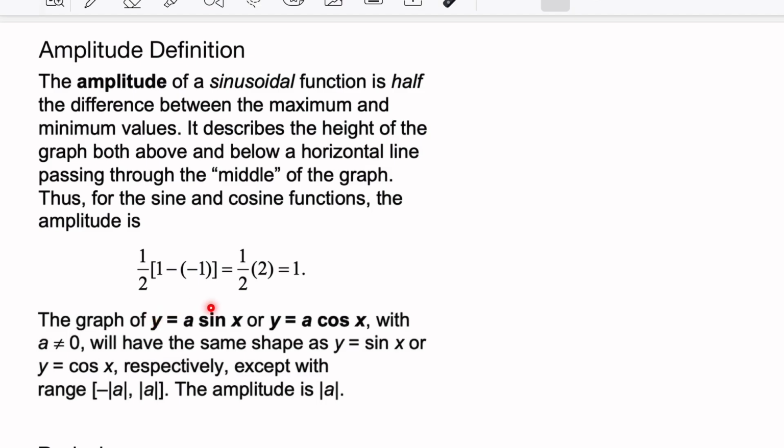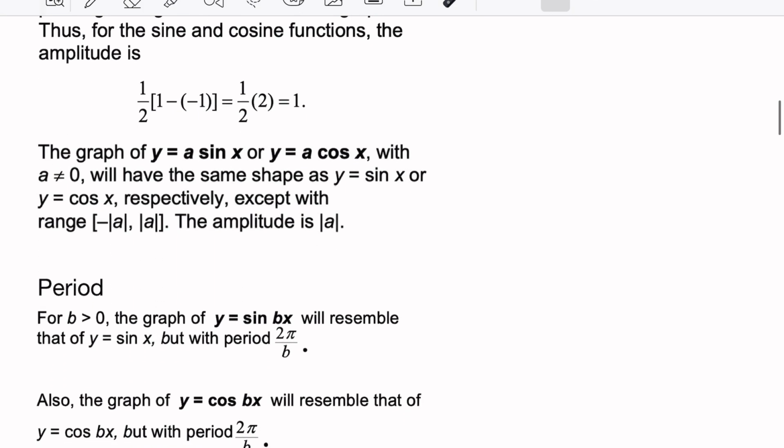Now the graph of this one or this one here, with a not equal to 0, will have the same shape as our sine or cosine graphs, except in this case, our range is going to be this here, and the amplitude is going to be our a. Now, if we have a graph of this one here, where b is greater than 0, it will also resemble the sine graph, but instead our period will be 2 pi over b.